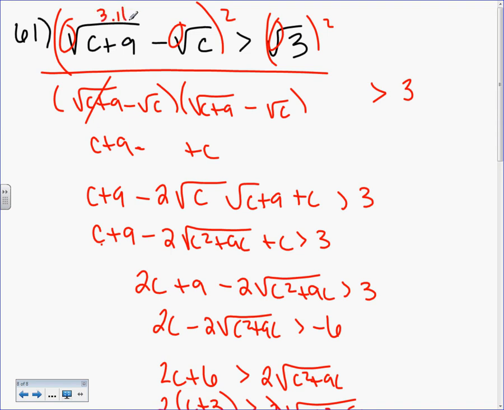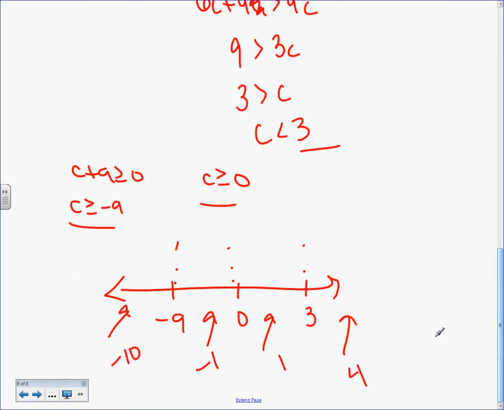So this is like 3.16 minus square root of 1, which is 1. So I get like 2.16 something, right? I'm trying to see if it's greater than the square root of 3, which is 1.73 something. So when I plugged 1 in, it was true. Do you guys get that? So this guy should work, okay?